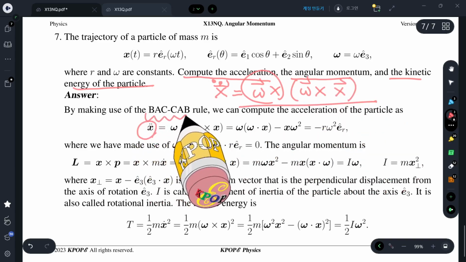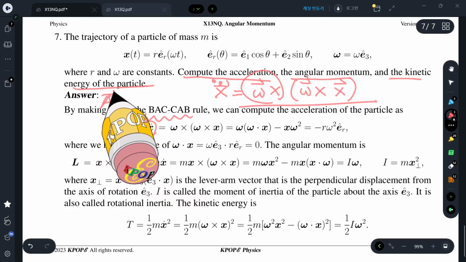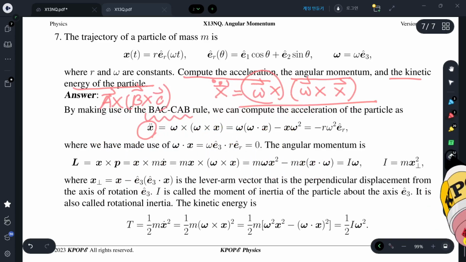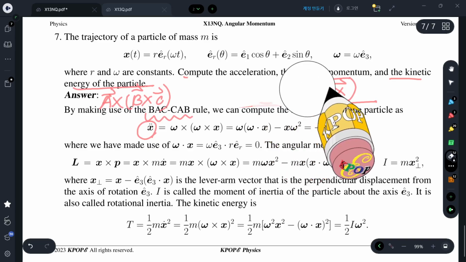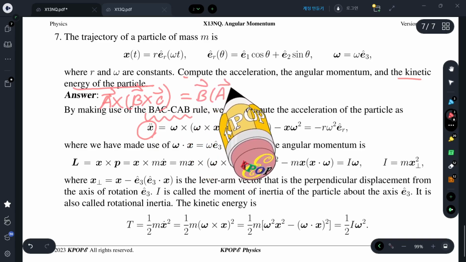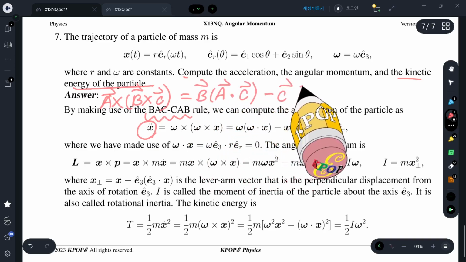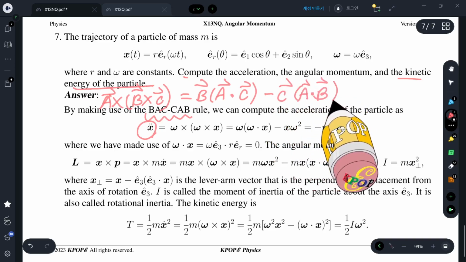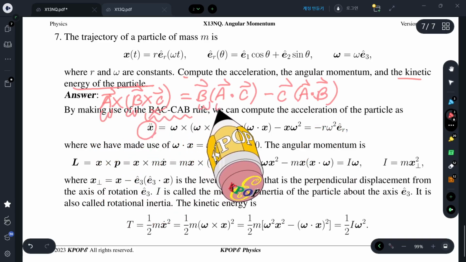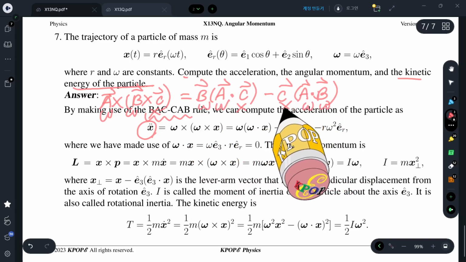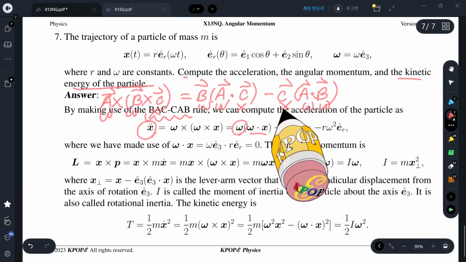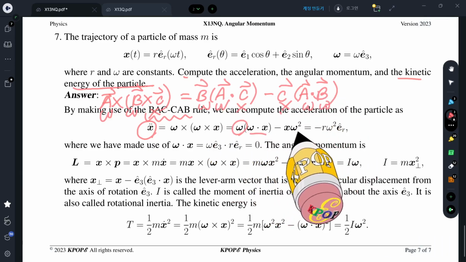And we can apply the BAC-CAB rule, A cross B cross C. So the answer is omega dot x omega minus x omega squared.